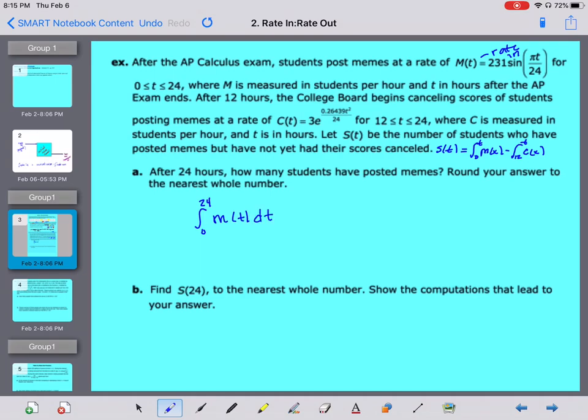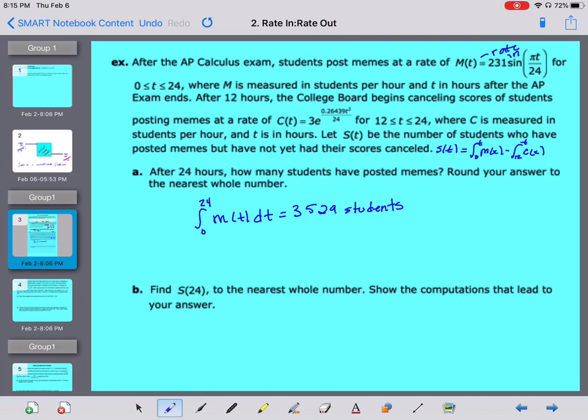M of t represents the rate at which they're posting. Integrate that, and we'll get the total that have posted. So if we plug this into the calculator, we get 3,529 students. Okay, so within 24 hours of the exam ending, 3,529 students have posted.